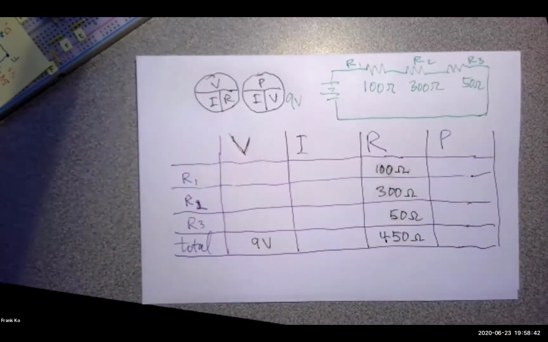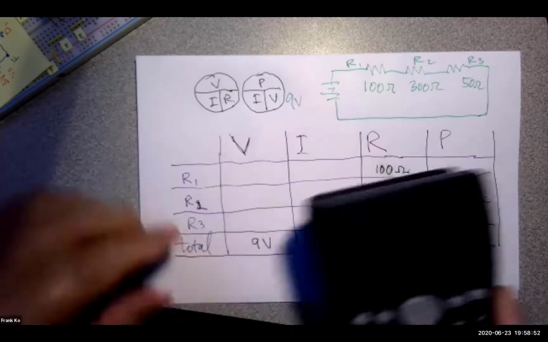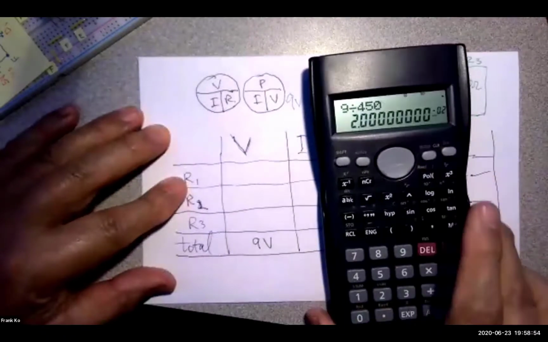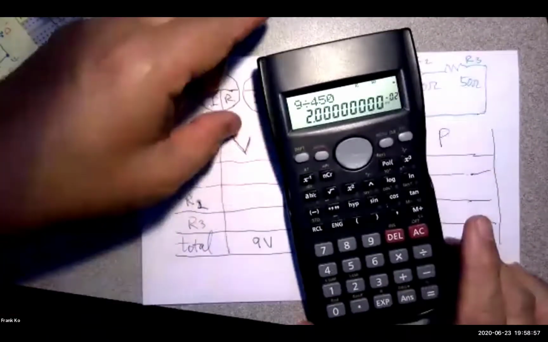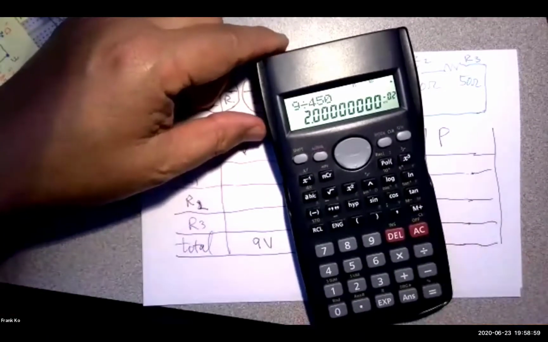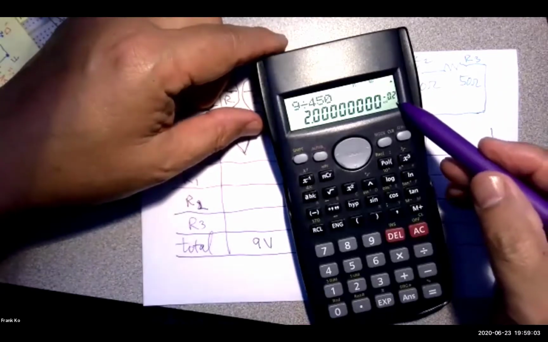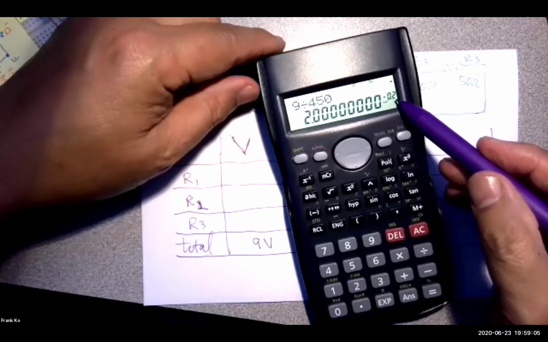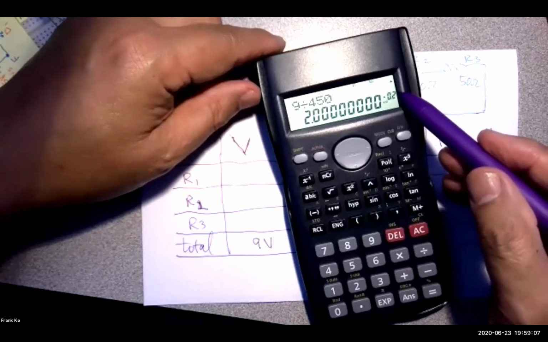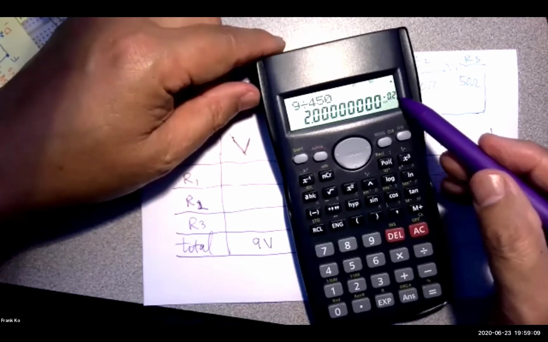And so when you go to do this, 9, calculator, 9, divide by 450, you end up with this scientific notation display, 10 power negative 2. Is this engineering notation, yes or no? The answer is no. Engineering notation says we have to have powers in multiples of what? Multiples of 3.